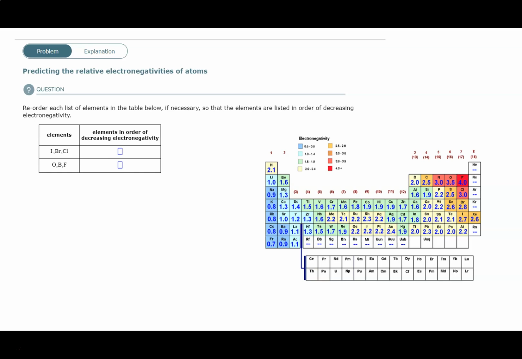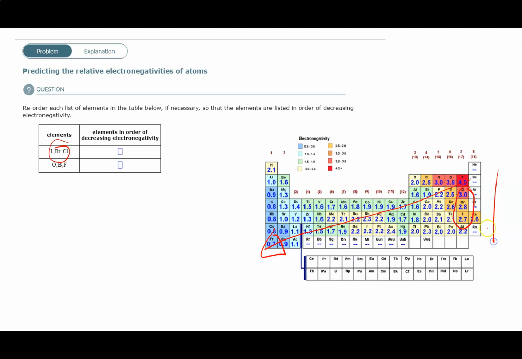So, let's have a look at some ALEKS type problems. We have to reorder each of these lists of elements in order of decreasing electronegativity. Electronegativity decreases from the top right to the bottom left of the periodic table. The elements in the first part of the problem here are all halogens in group 7A: chlorine, bromine, and iodine.